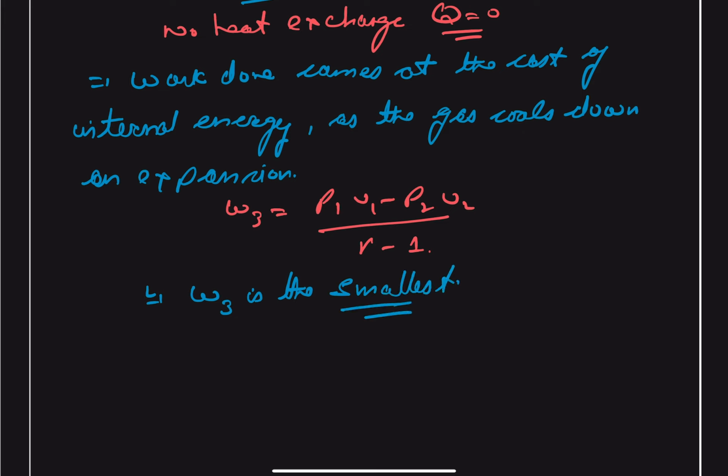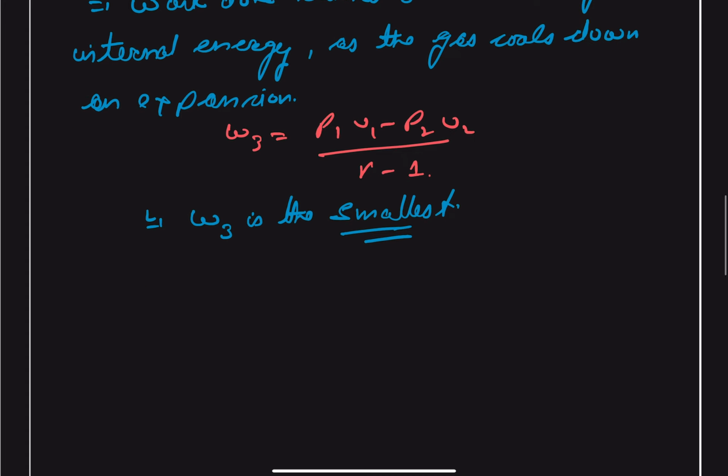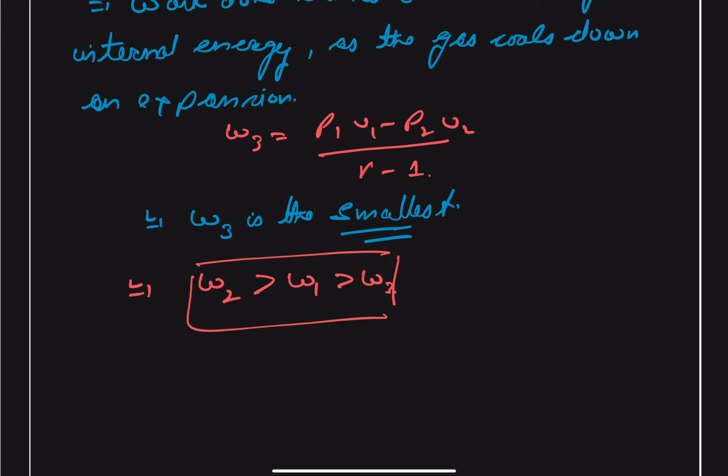So we got the order of the value of W1, W2 as well as W3. So we can write that our W2 is greater than our W1 is greater than our W3. This is the order of the work done.